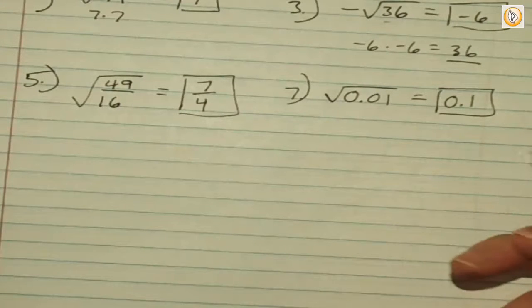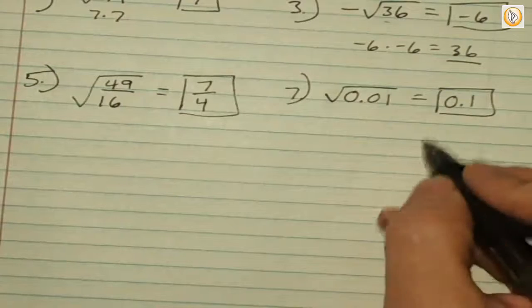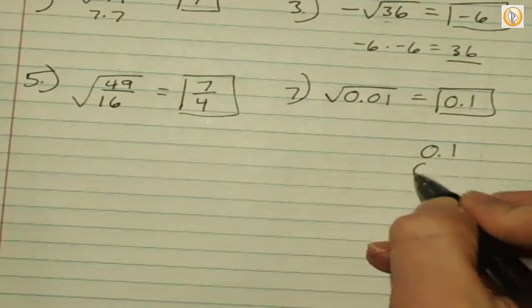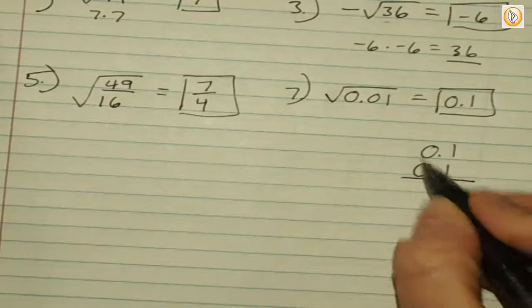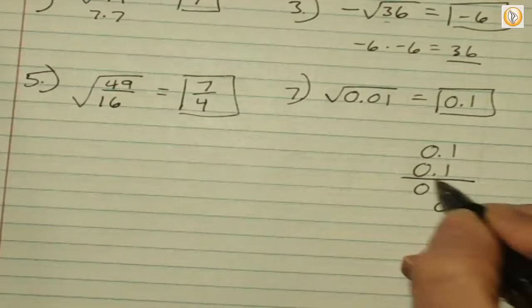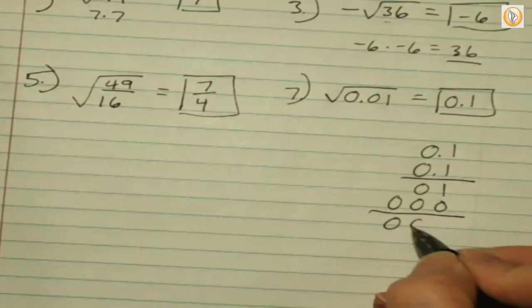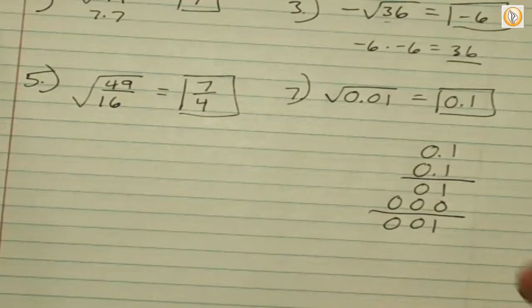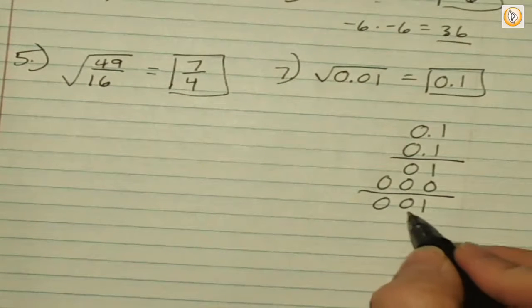So then just start playing around with it. Start multiplying 2 things together to see what you get. 1 times 1 is 1. 0 and 0. And you get 0, 0, and 1. So then how many total places? 2. Move it over.